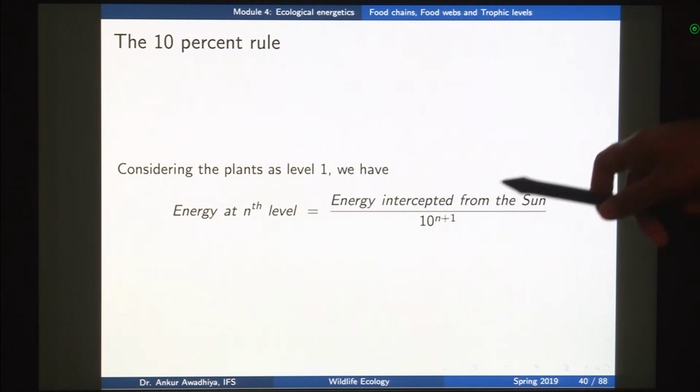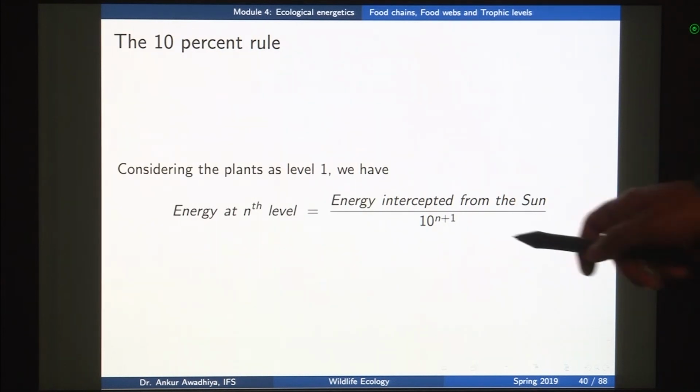So, you have 1/100th of the energy, or 1% of the energy intercepted from the sun, made available at the level of the producers, and from the next trophic level onwards you have only 10% of that energy available. So, this is about ecological energetics.